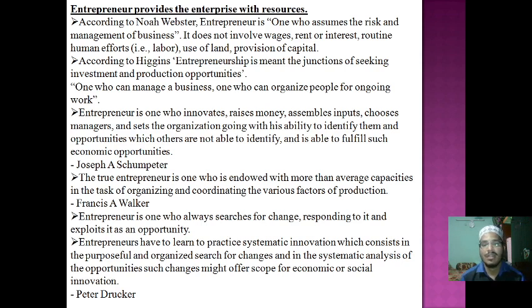It does not involve the wages, rent, interest, routing, human effort, labor, use of land, provision of capital. Here, according to Noah Webster, whoever manages the entrepreneur's organization is taking risks to develop the business.